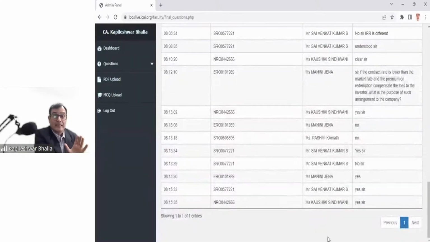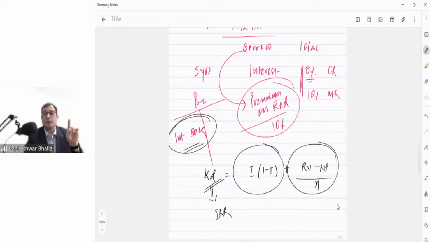Can I say that it is indirectly getting the advantage of reducing the finance burden in the P&L? So companies understood that premium on redemption was nothing but a mere manipulative tool in the hands of the company. I guess I'm making sense, right?